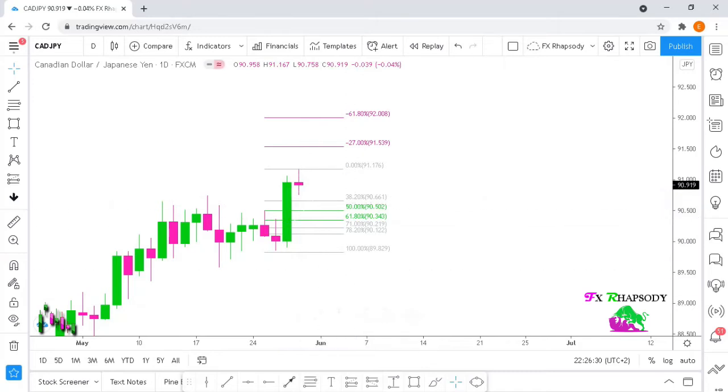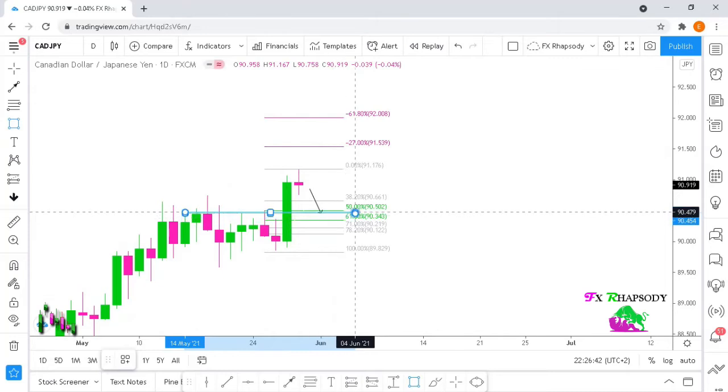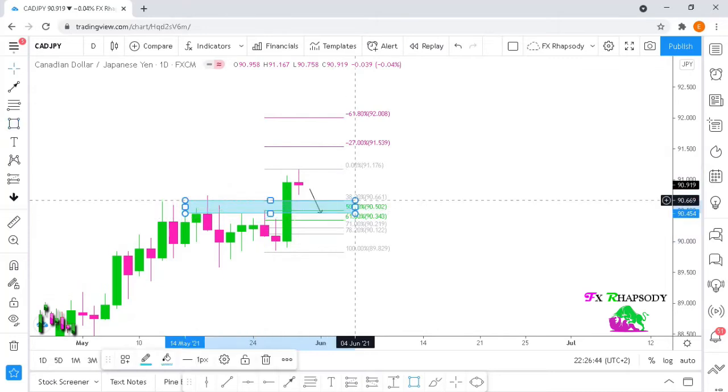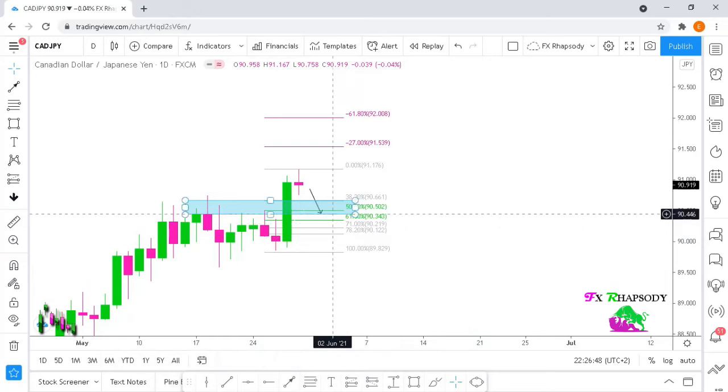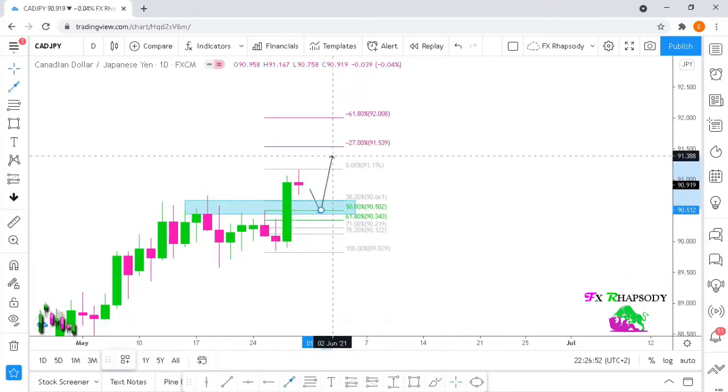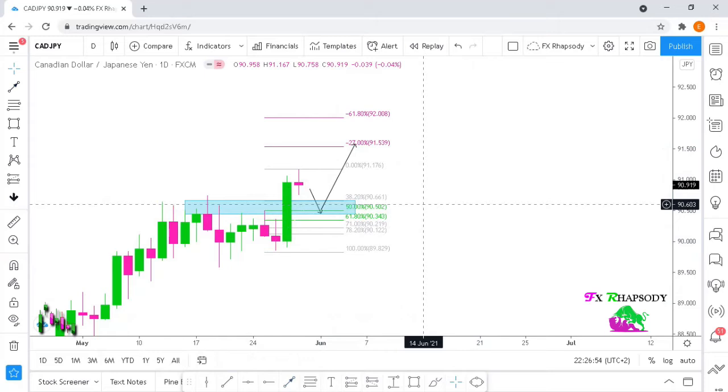I would like price to maybe come down a little bit more, maybe even tapping into this golden zone here, and this also falls nicely. I mean, this whole area from the 38 to the 50%, I would almost say price will come down to there, and then maybe push up for that last little push for the month next week.